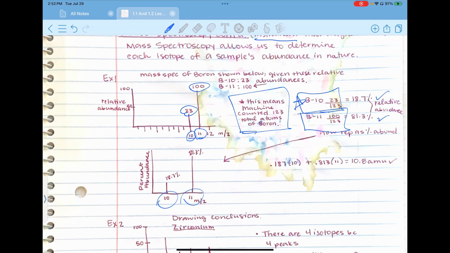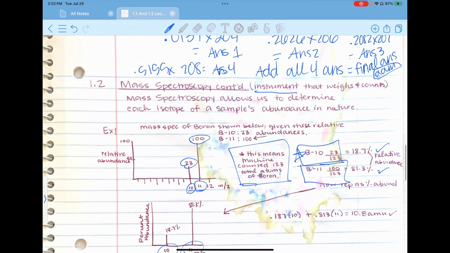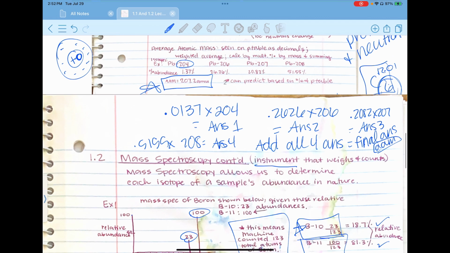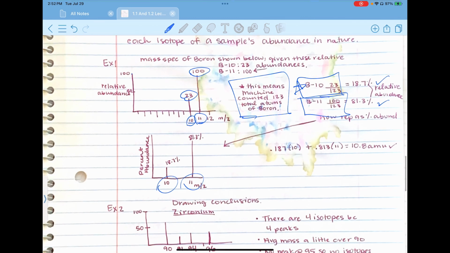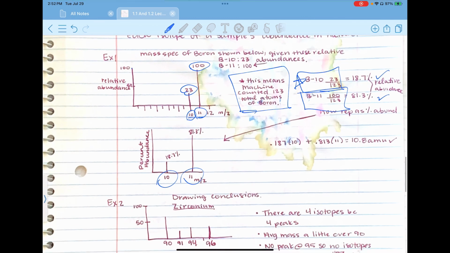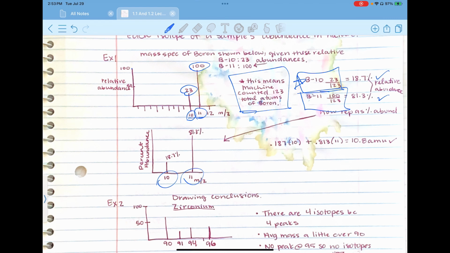Now to calculate the average atomic mass, which I showed you in that previous example with the leads that we were working on. From here, you want to take your 0.187, because we want to change that percentage to a decimal. We do not have a percentage button on our calculator, so you've got to manually change that in order to do your math.